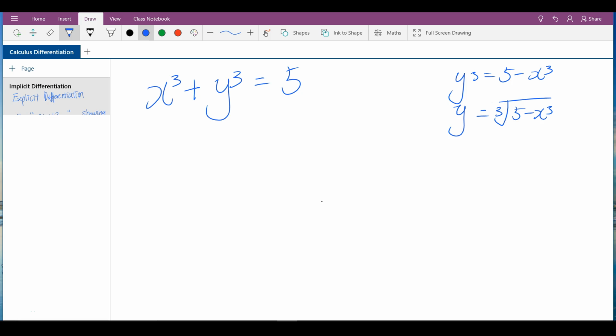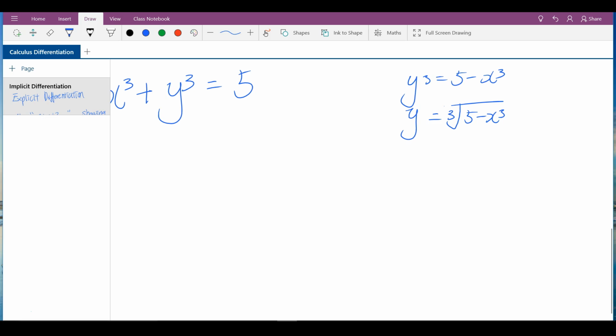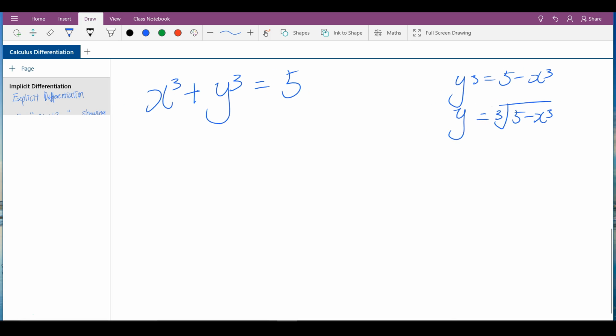All right. So let's differentiate. Would you guys like to do it the old, explicit way first, or the implicit way first? I know you can't answer me, so I'm going to be a dictator this time. I'm going to start with the new stuff first, which is the implicit.